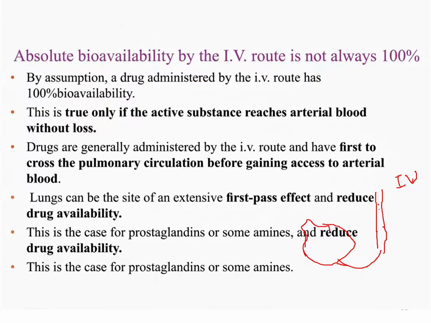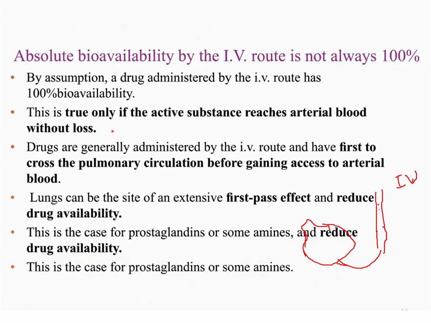We already learned this in our physiology chapter. But whenever the drug is passing the pulmonary system, it is undergoing metabolism. That's why absolute bioavailability by the IV route is not always 100%.